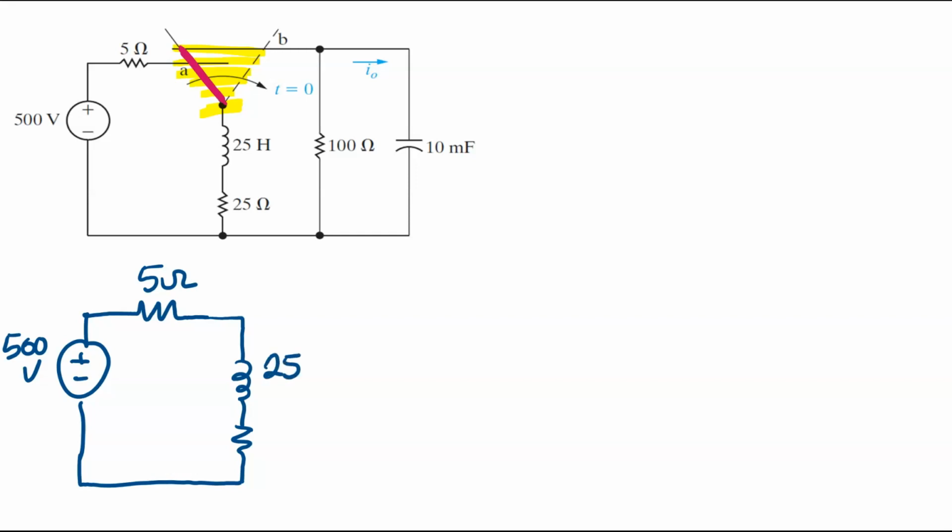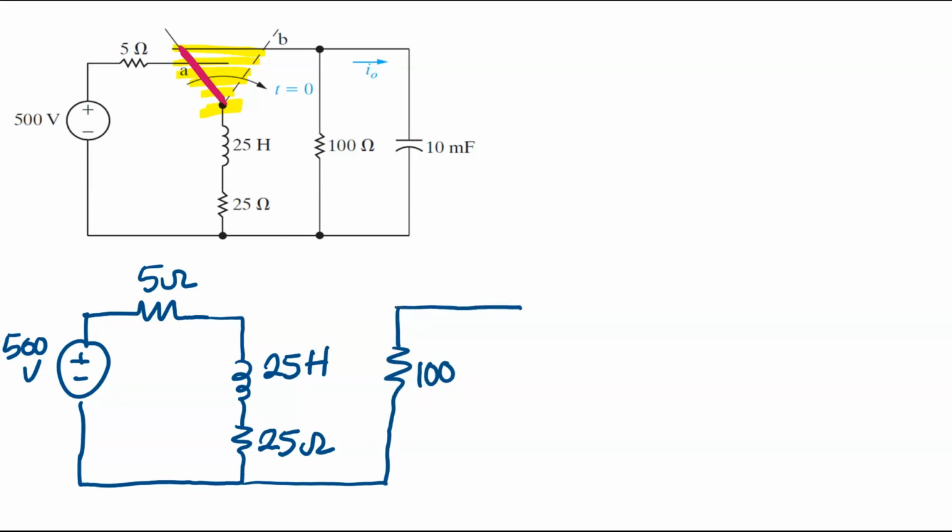So here is the 25 Henry inductor, and then 25 ohm resistor. And then on the other side of the circuit, I do have this 100 ohm resistor connected to my capacitor. So this is my circuit before zero.